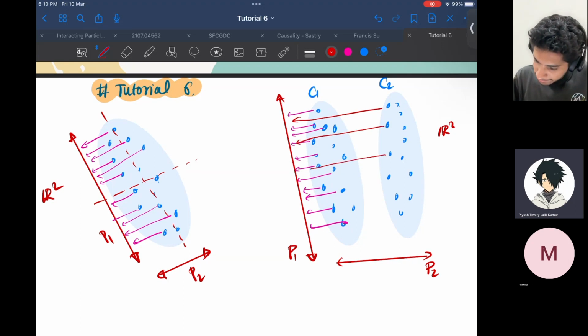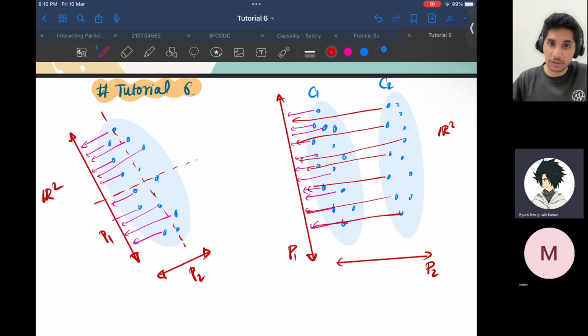So these are again projected here somehow. It looks a bit clumsy, but you will get my point. This is my first point of class C1, this is the second point, third point, fourth point, fifth point, dot dot dot. And similarly, I have some points of my class C2, which are the red points that I am drawing.